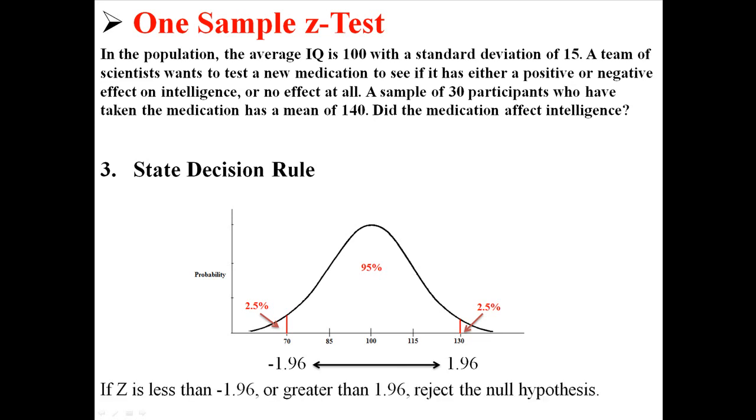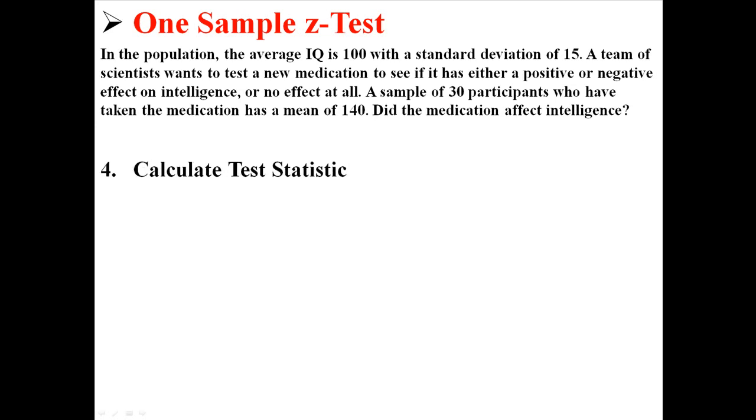So if the z that we calculate is less than negative 1.96 or greater than 1.96, we're going to reject the null hypothesis, because if it falls outside that range, we can conclude that this is an unusual event, and that is probably because of the medication.